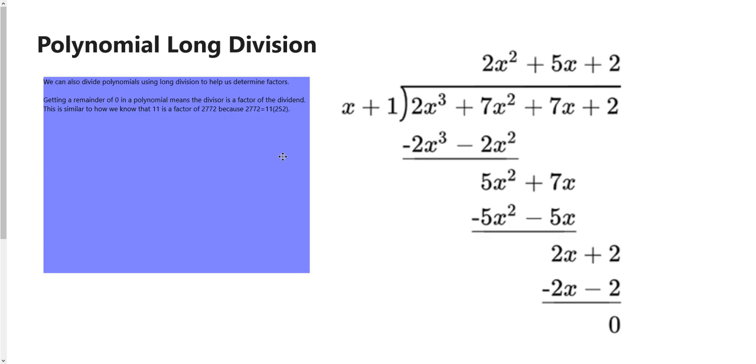Here we go. So here's an example of how this looks with a polynomial. Let's say we wanted to divide 2x to the third plus 7x squared plus 7x plus 2 by x plus 1. In other words, going back to the original formulation, we want to know x plus 1 times what is going to get us 2x to the third plus 7x squared plus 7x plus 2.